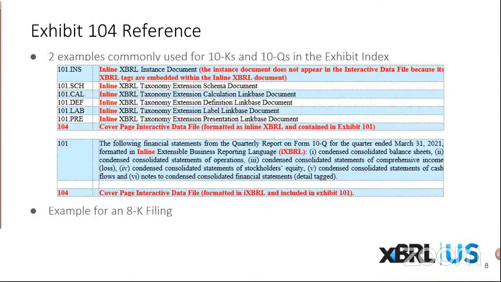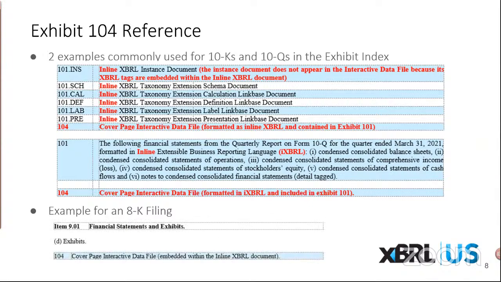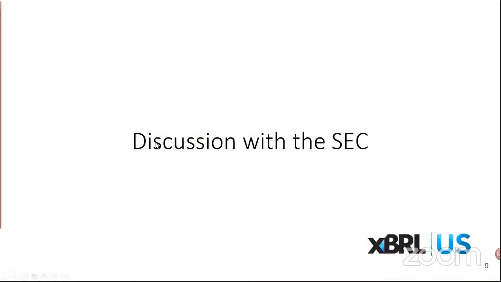And as far as an example of an 8-K filing, you'll see now that it also references the Exhibit 104. So that's just a highlight of information related to the actual filings and the cover page.